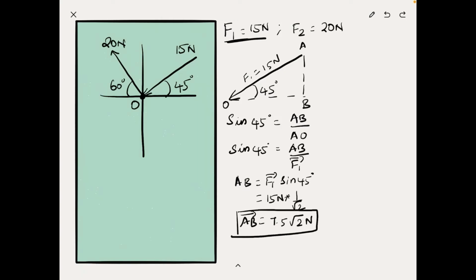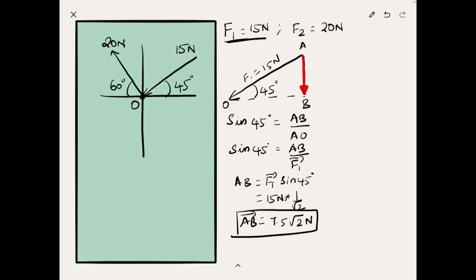Right? Okay, now we have got this AB vector, which is the vertical component of this inclined force of 50 newtons. And you might have rightly guessed that this AB vector would be acting in the downward direction. Yeah, let's mark that here as well. And let's move on with the calculation of OB vector, which is the horizontal component of this inclined force.